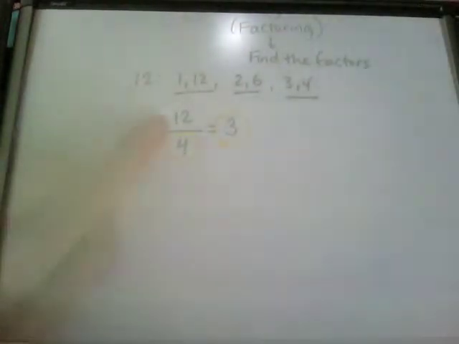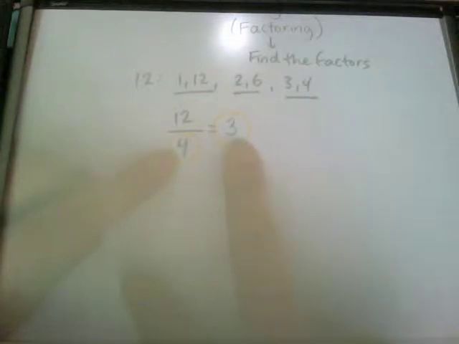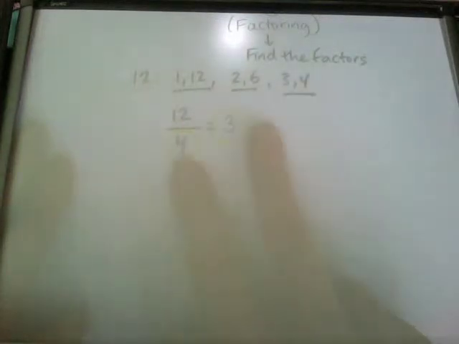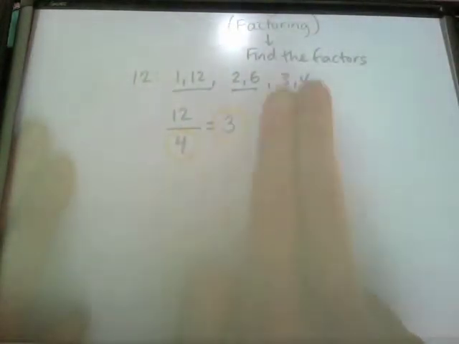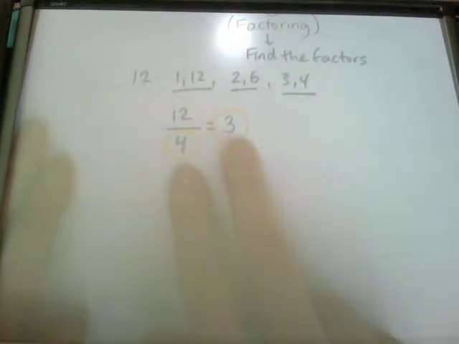If I take a number or any monomial and I divide it by something that it divides by, what do you notice about the divisor and the answer when we compare it to the factors list? Luke, what do you notice? If you multiply them, you'll get the numerator.